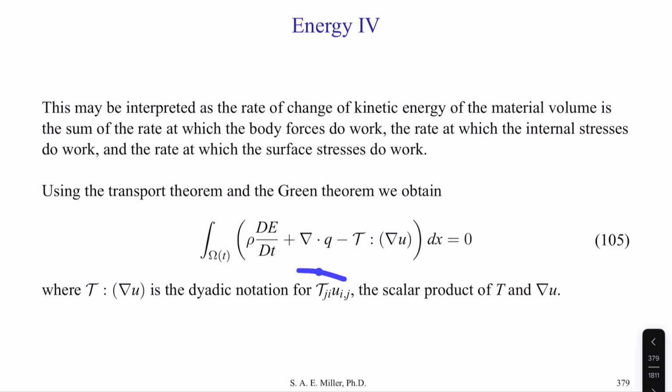This is the so-called gradient notation for tau ij u i,j in Einstein notation, or index notation, which we defined earlier in this class. Basically, you're taking every element of each tensor, multiplying them out, and finding a scalar value.